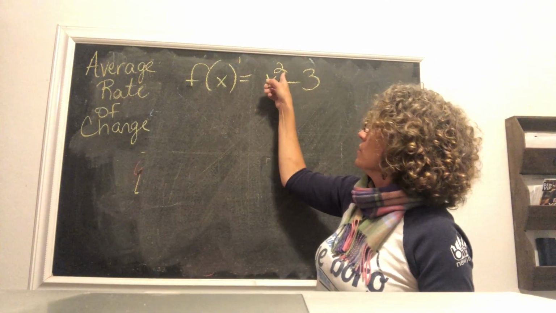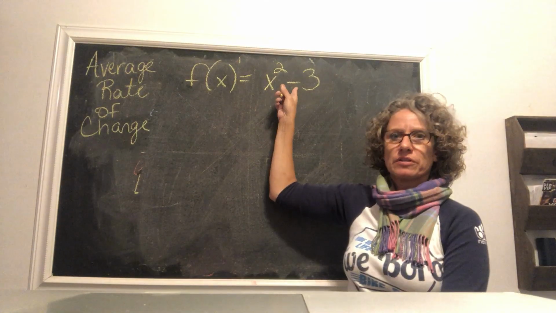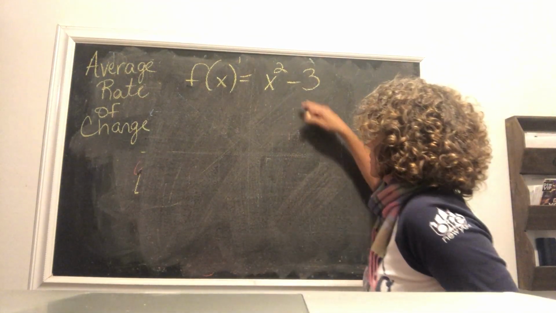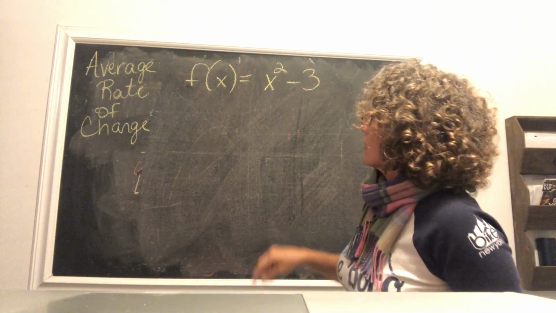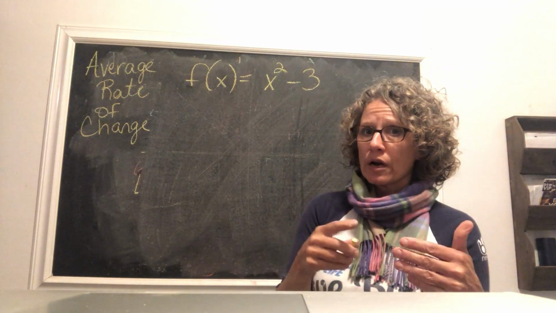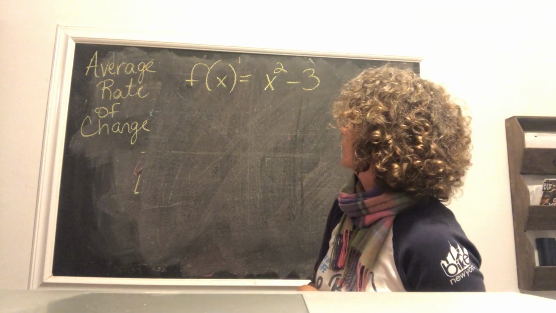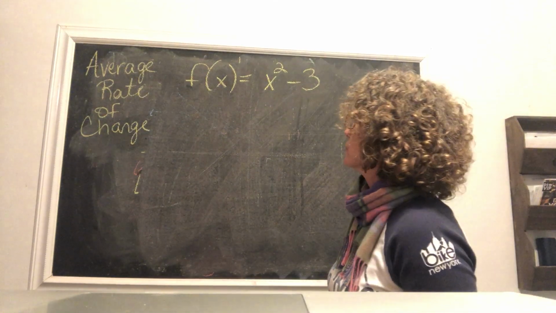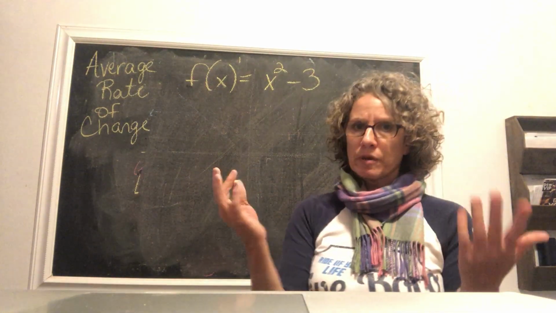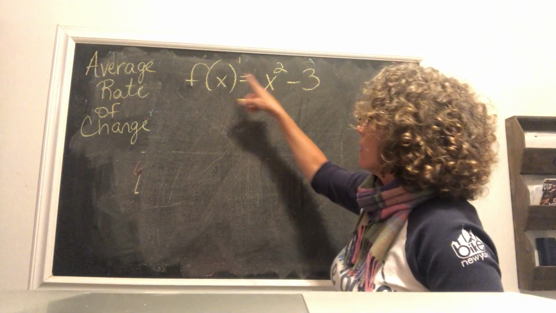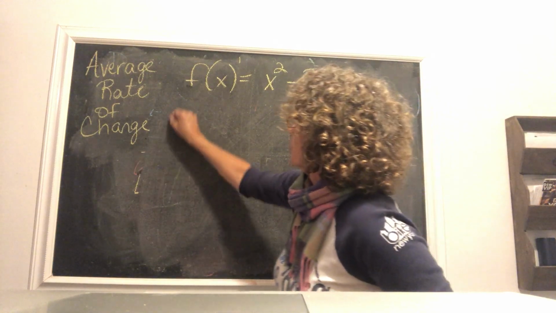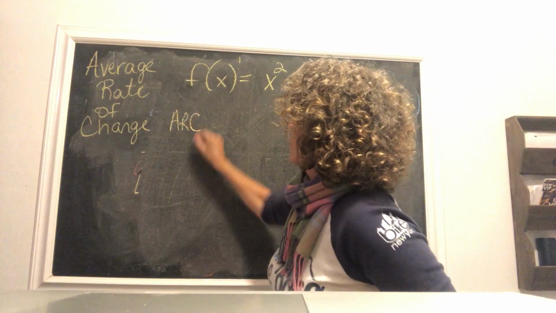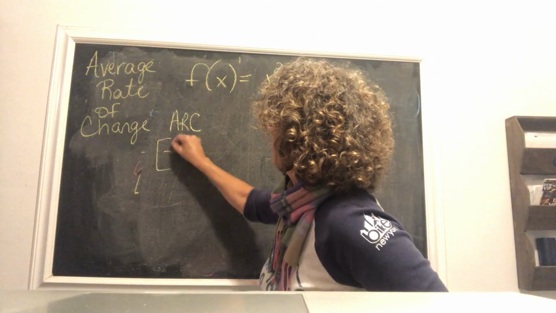It's degree 2. It's translated 3 units down the y-axis. And again, recalling our previous lesson on even and odd functions, this is an even function with symmetry about the y-axis. And now I'm going to calculate the average rate of change on the interval -2, 1.